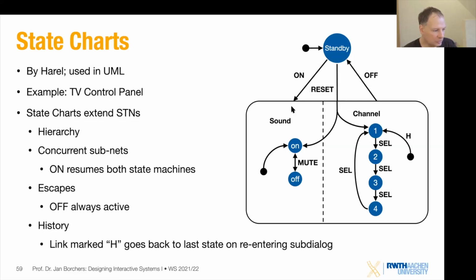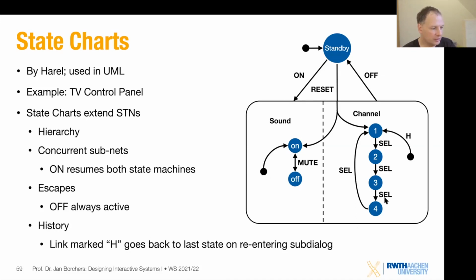But the on button only leads to the box as a whole, which means I'm not activating particular starting states in my state charts. I'm just activating the default starting states in each state chart. And those are again marked with the black dot. So if I hit the on button, sound will always be on, because that's what this state chart starts in when it gets activated and doesn't get told anything else.